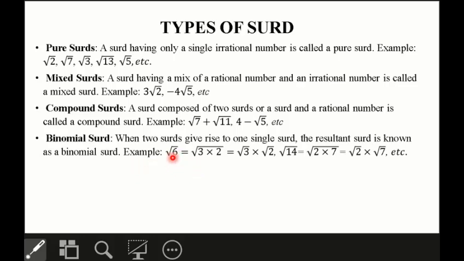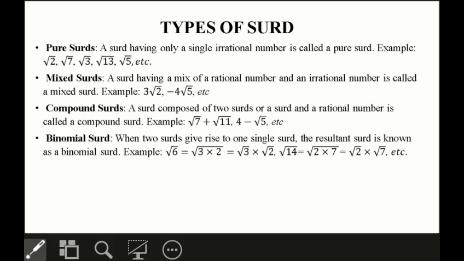So when we take the root of 6 for an example, the root of 6 is a binomial set because it is the root of 3 times the root of 2. That will produce the root of what? 6. The root of 14 is termed as a binomial set because it is the root of 2 times the root of 7. That will give us what? The root of 14. So the root of 14 is termed as what? A binomial what? Set. The root of 10 can also be said to be same. Why are we saying that?